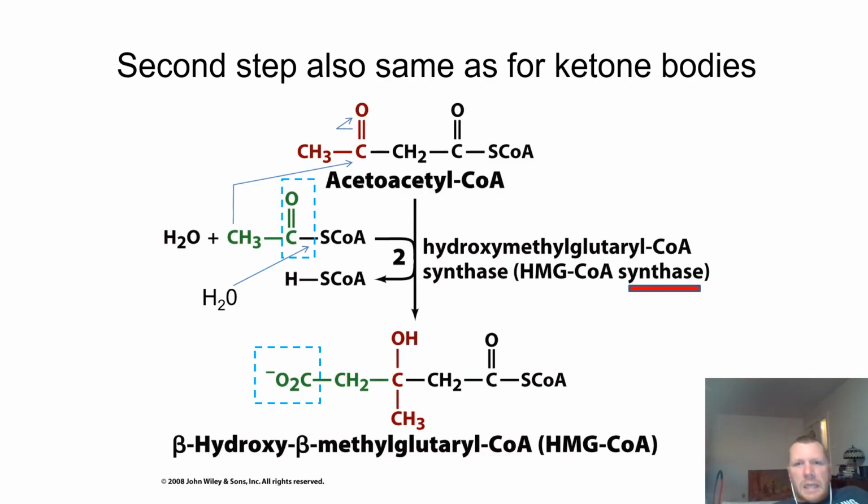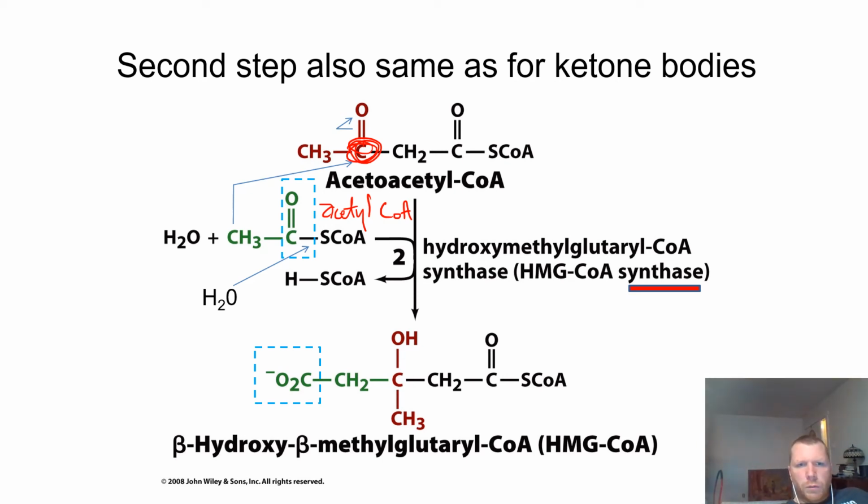Now, the second step is also the same. So this enzyme right here, HMG-CoA synthase, is going to add 2 more carbons from another acetyl-CoA onto this carbon right here of our acetoacetyl-CoA, and we're going to end up with our beta-hydroxy-beta-methylglutaryl-CoA, or our HMG-CoA.